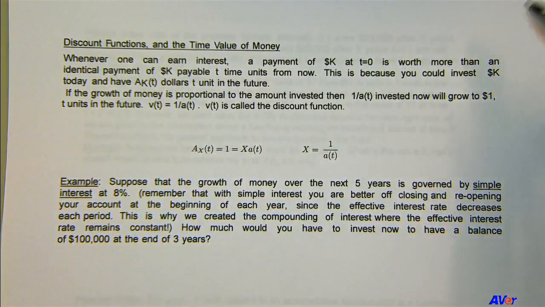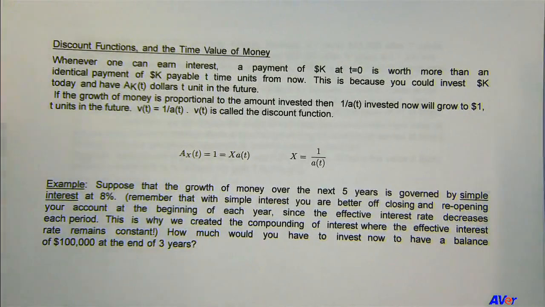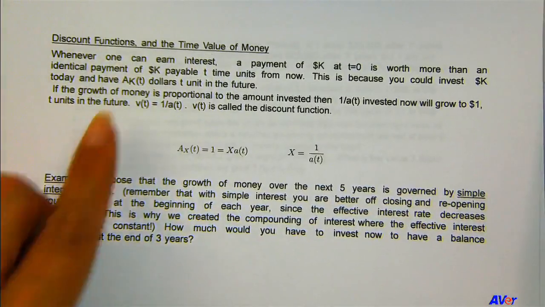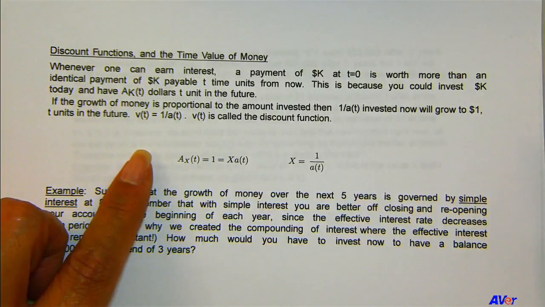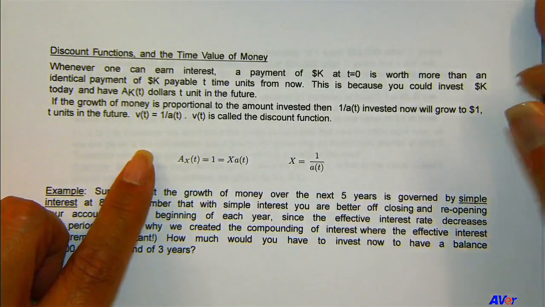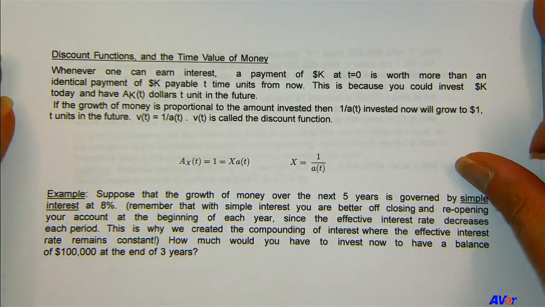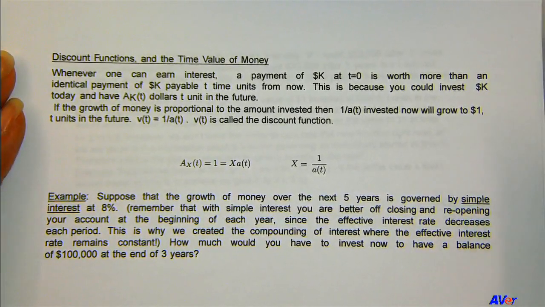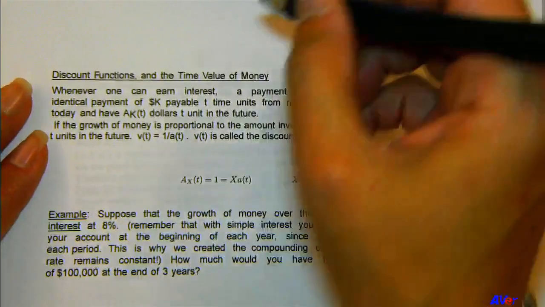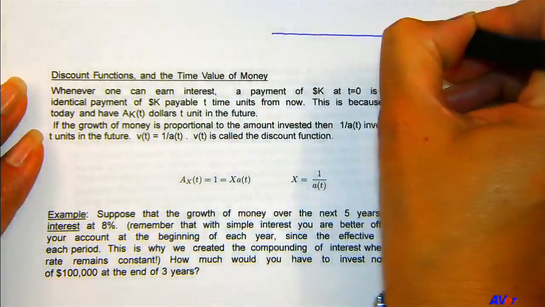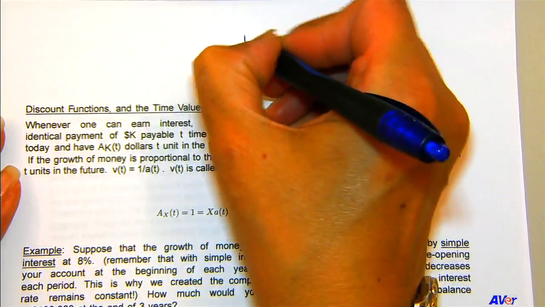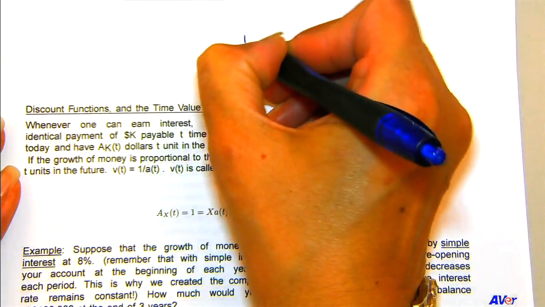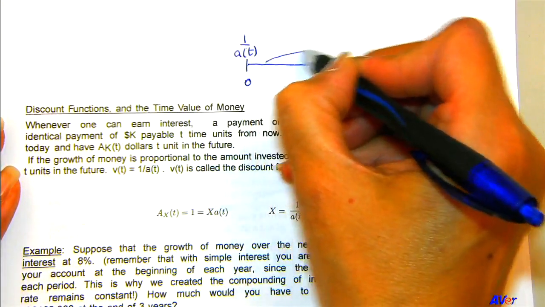So it says this is because you could invest K today and have K of T dollars in the future. If the growth of money is proportional to the amount invested, then 1 over A of T invested now will grow to 1 at T units in the future. Look at this, okay? At time 0, if I have 1 over A of T, what is A of T?